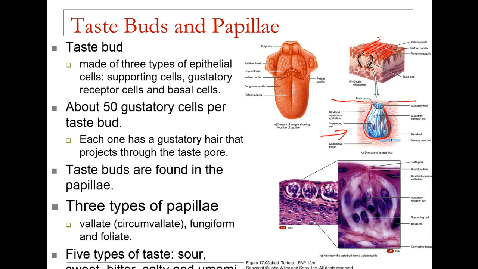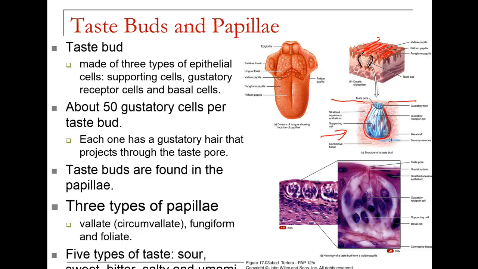This should tell you your body's trying to protect these taste buds from wear and tear. If you drank something that was incredibly hot, you could burn the surface of your tongue, but hopefully you're not going to damage the taste buds if you damage the surface of the tongue.